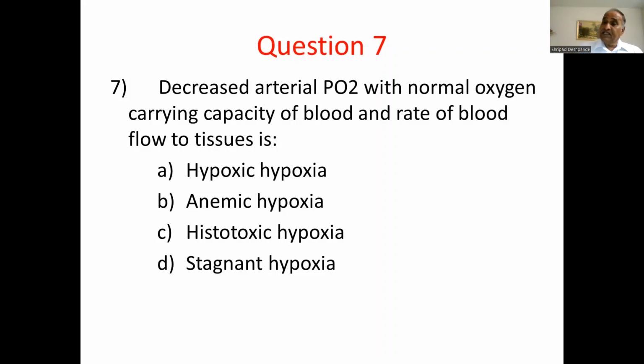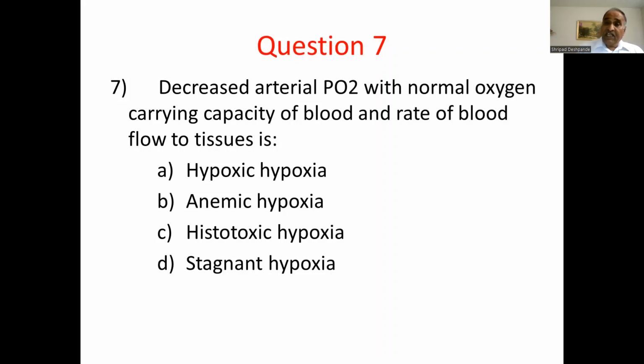In histotoxic hypoxia, oxygen capacity is normal and the circulation is also normal. However, the cells are not able to take up the oxygen because of toxicity, as happens in cyanide poisoning.